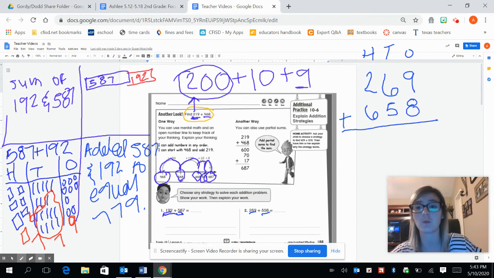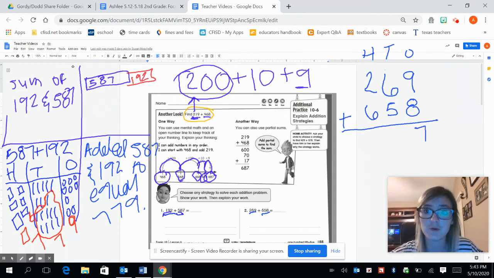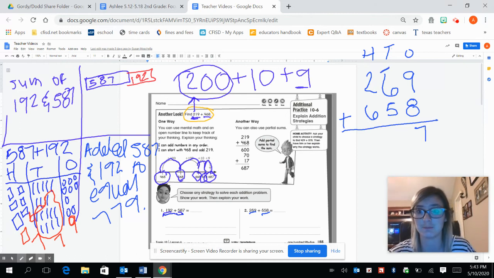We're going to start in our ones place. Add 9 plus 8. 9, 10, 11, 12, 13, 14, 15, 16, 17. So just like when we bundle them up and move them next door, we're going to leave the 7 here, and we're going to move that 1 over here to the tens spot. So let's do 6 plus 5.